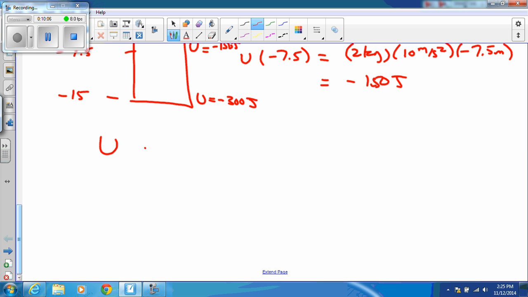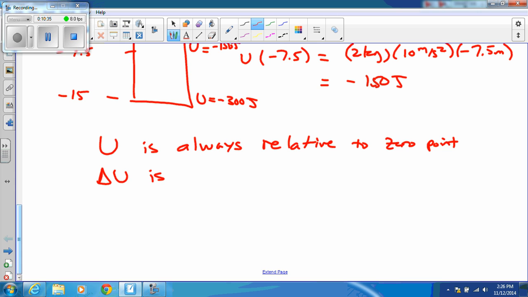Let me summarize what we just talked about here. Potential energy is always relative to a 0 point. So from now on, are we going to be using gravity as a positive value? You mean g? Yeah. g has always been a positive value. The acceleration due to gravity is negative g, but g itself is a positive value, right?